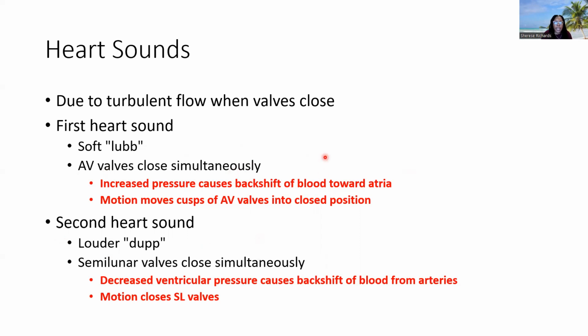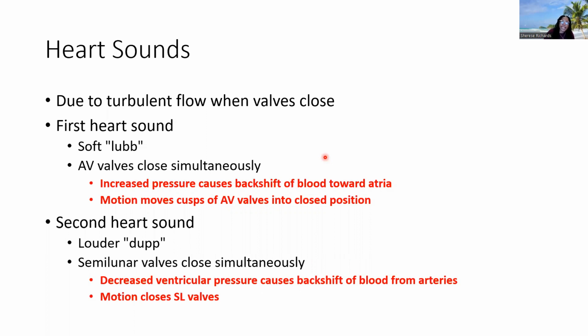The second heart sound is a louder dup. So it's lub dup, lub dup. It's a slightly higher pitch. And this one is due to the semilunar valves closing, which will happen at the end of phase 3 here, at the end of ventricular ejection. Our semilunar valves close.